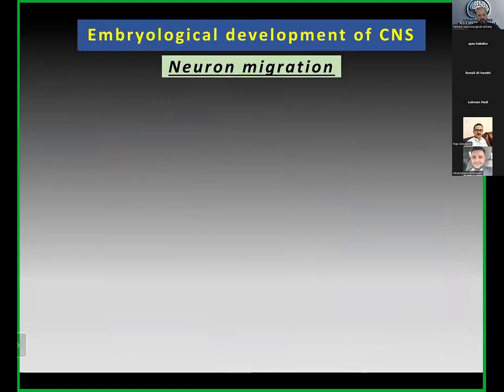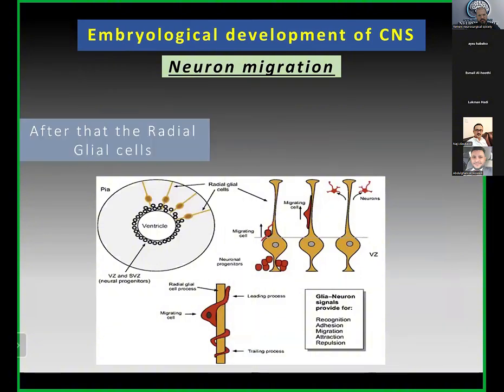So, after these radial glial cells finish multiplication and migration of neurons and make all the macroglia, their function is finished.